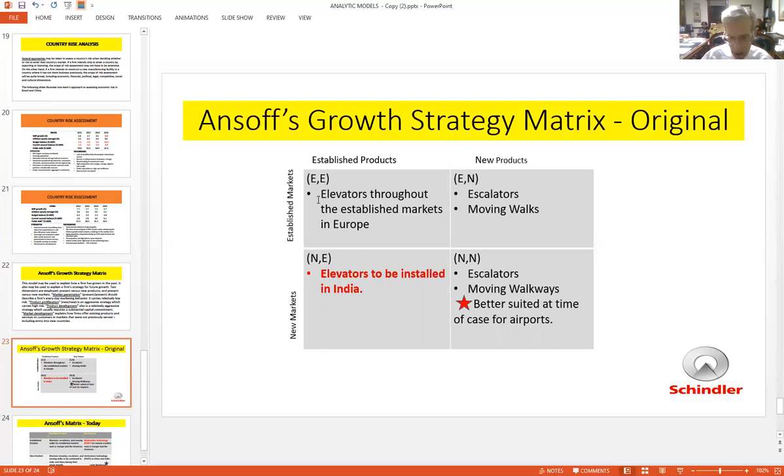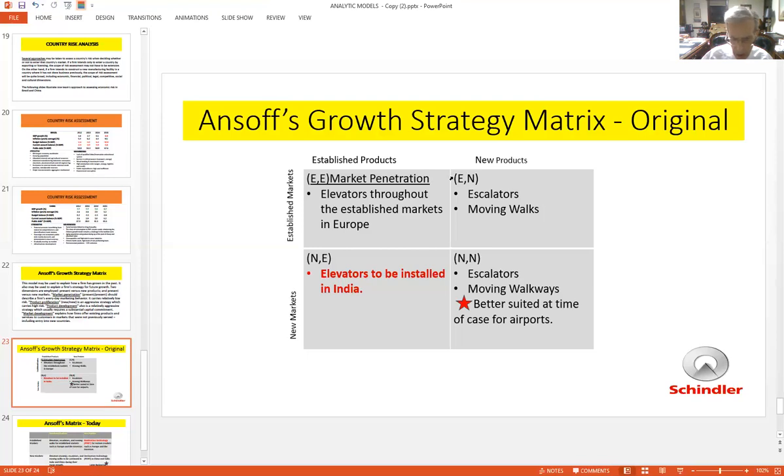So if the company decides to grow by taking established products into established markets and growing that way, this is called a market penetration strategy. Right? And frankly, this is the strategy that people come to work to do every day. When we go to work at our company, we want to grow that business, and we want to do it by getting a higher market share.